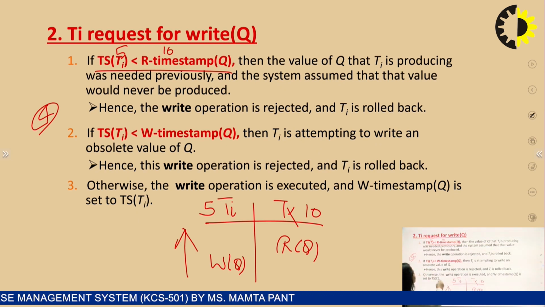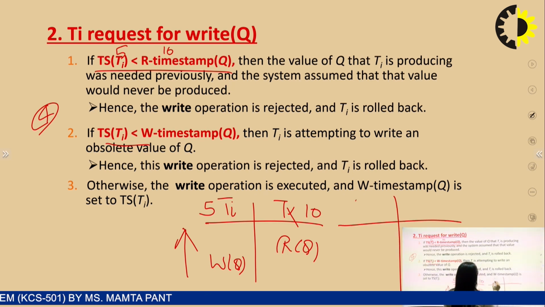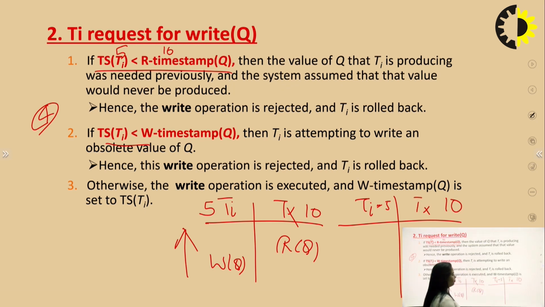Let's take another case. The timestamp of TI is 5 and some transaction TX has timestamp 10. TX has performed write Q, and after that TI wants to write on Q. TI comes earlier into the system, so it needs to perform before TX.